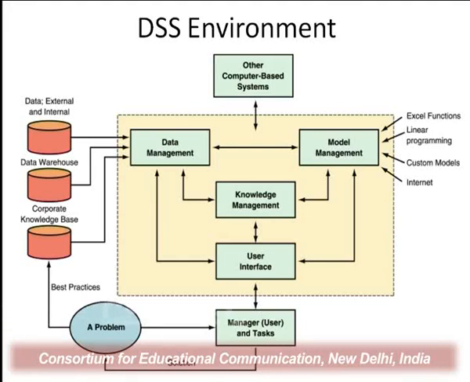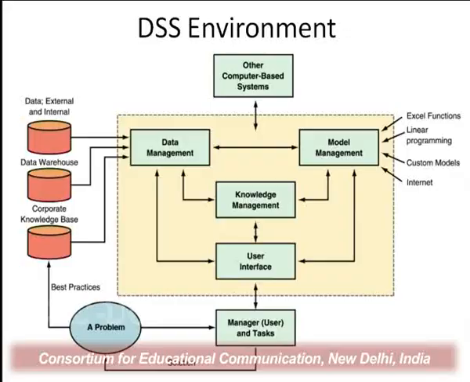The knowledge management system is built in addition to the data provided by the system. The user's inputs are also very important, so the user interface is also provided to the knowledge management system, and then we have the model management system. In the model management system we look at the different techniques of statistics, operation research and mathematics which are available to us, like the linear programming approach, Excel functions, and other approaches for developing a model to solve the problem in the given scenario.